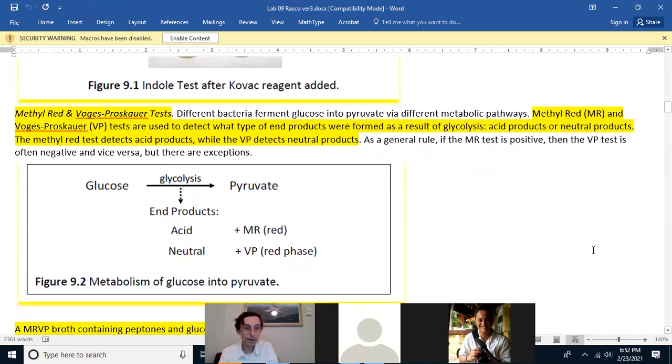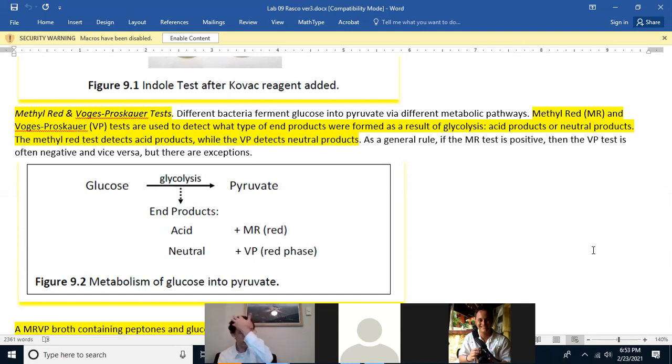The next test we're going to look at is the methyl red and the Voges-Proskauer test. These are two tests that are frequently run together, and you inoculate one tube and then you split it into two tubes, and you can run the methyl red test in one of the two tubes and the VP, or Voges-Proskauer, test in the second tube.